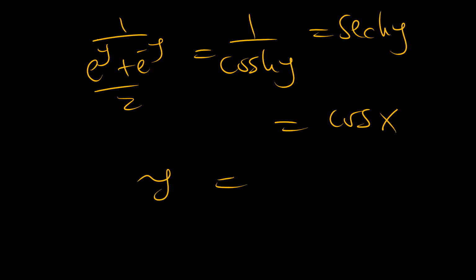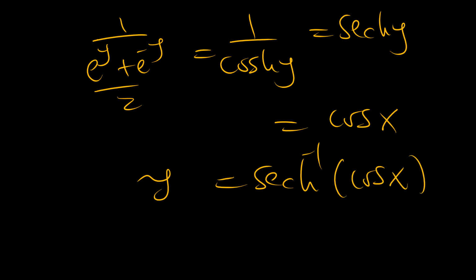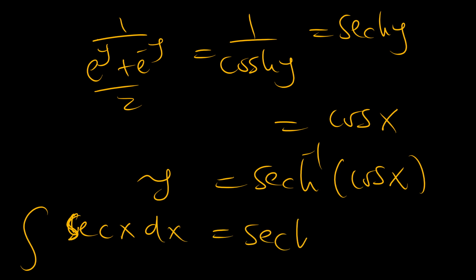Therefore, y is equal to the inverse hyperbolic secant of cosine x. And therefore, our integral of sec x is also the same as the arc hyperbolic secant of cosine x.